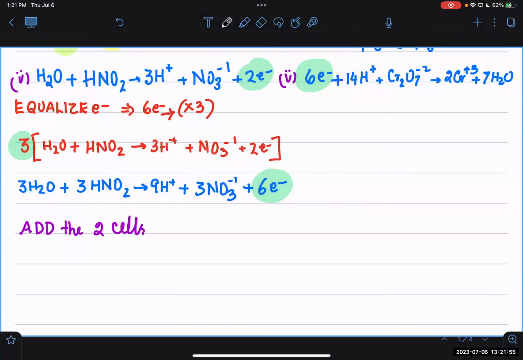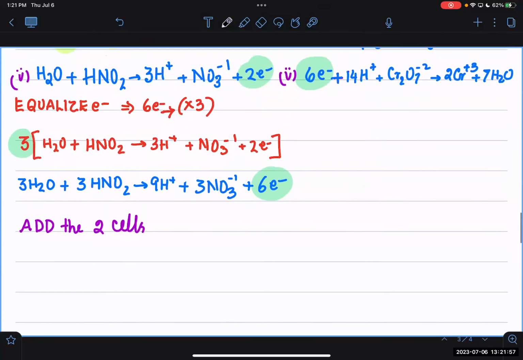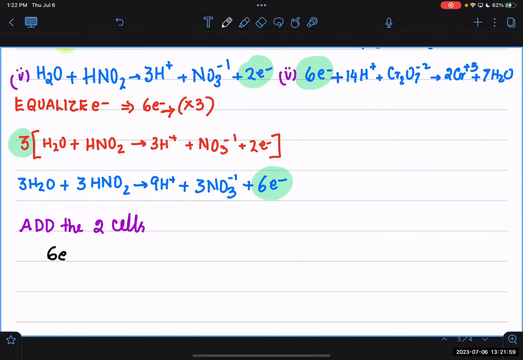Okay, so now we have 6 electrons plus 14 hydrogen ions plus Cr2O7 minus 2. Okay, and that gives you 2 Cr plus 3 plus 7 H2O.